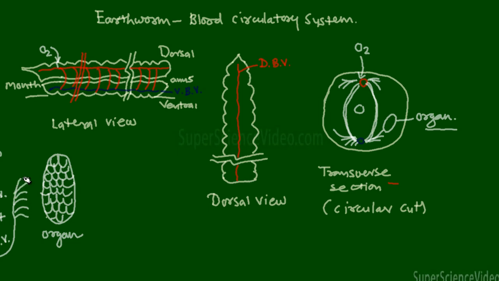Minute capillaries arises from the ventral blood vessel, and it reaches to organ. This blood contain oxygen. As the wall of the capillary is very much thin, so from blood oxygen diffuses from the blood into the cell. Here the blood which contain oxygen is represented by red color.